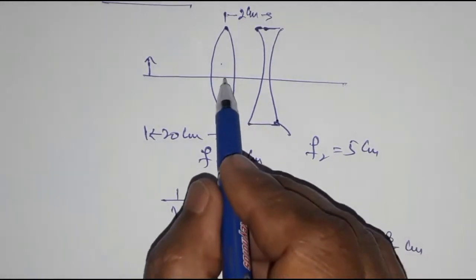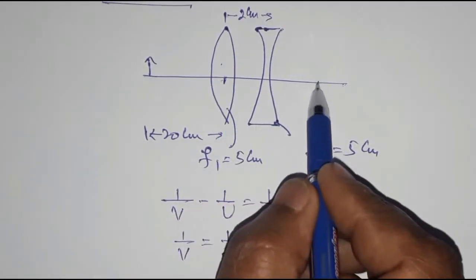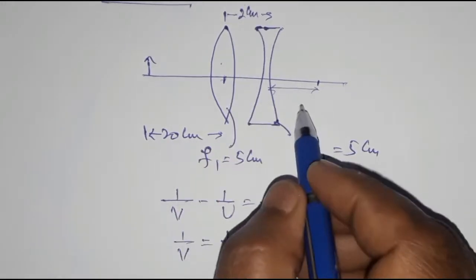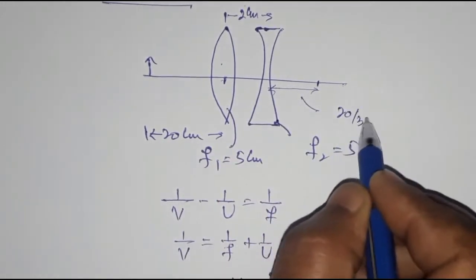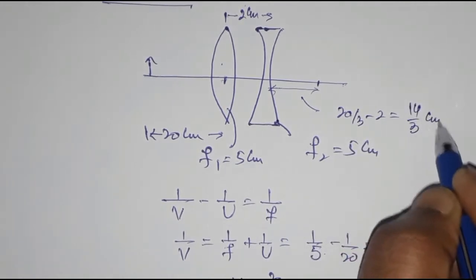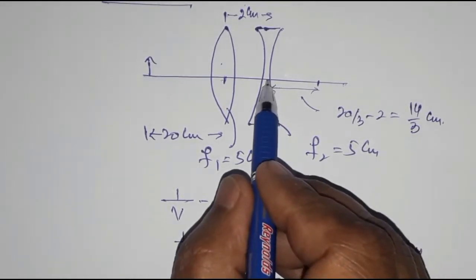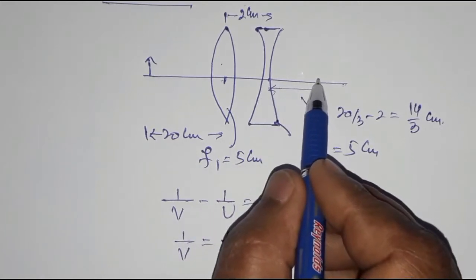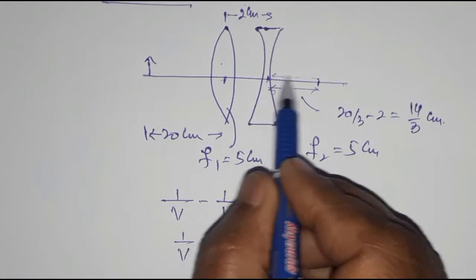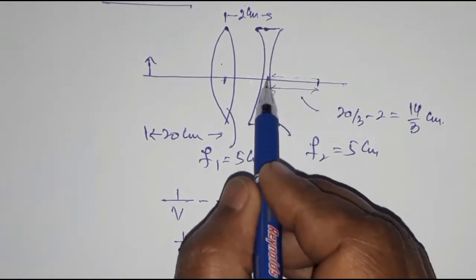That means the image is forming just here. Then the distance will be 20 by 3 minus 2, that is 14 by 3 centimeter.